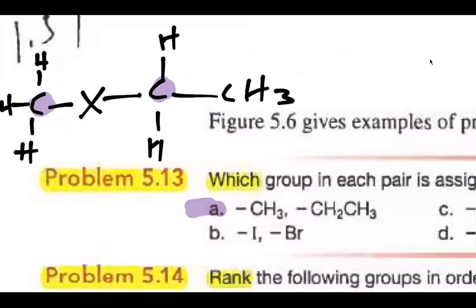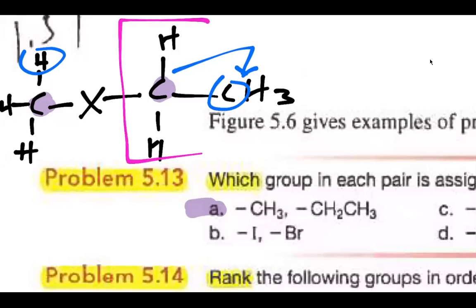In the ethyl group, the next atom is carbon. The next atom on the CH3 is hydrogen. Comparing carbon and hydrogen, which one is higher in atomic mass? Carbon. So this group over here is going to be higher priority.